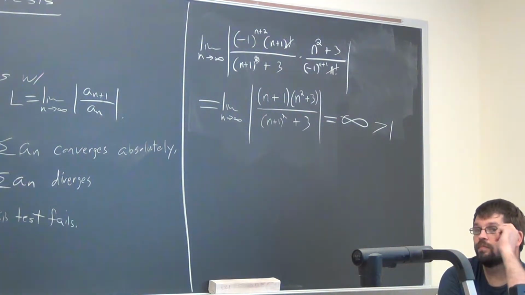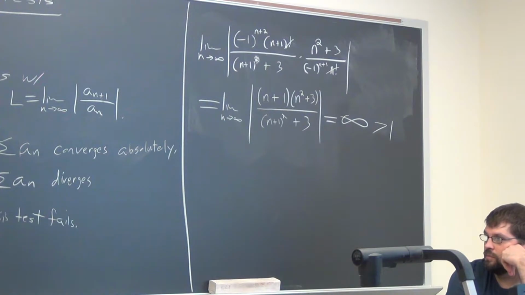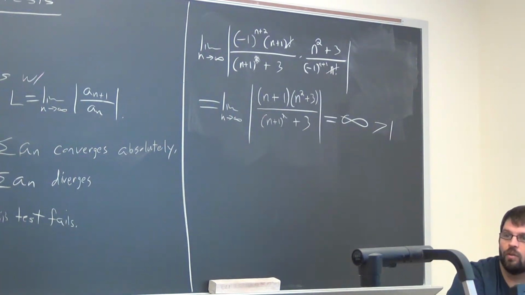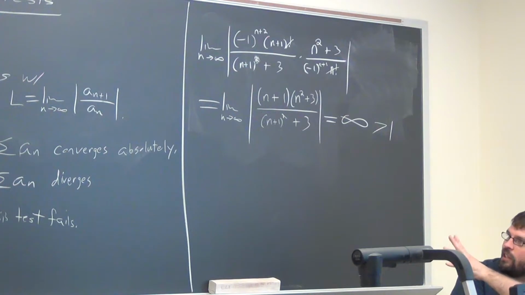If the answer ends up equaling 1 and the test fails, what do we write, does not exist? No, so that's what we'll do in a minute here. That's when we then have to fall back on our earlier tests. So the idea is, we'll use these guys when we can, but when these fail, then we'll have to use the comparison test. They essentially fail when you have polynomials.